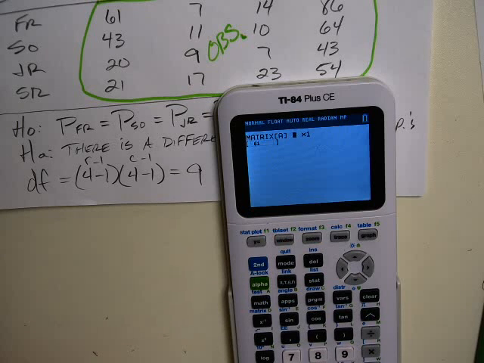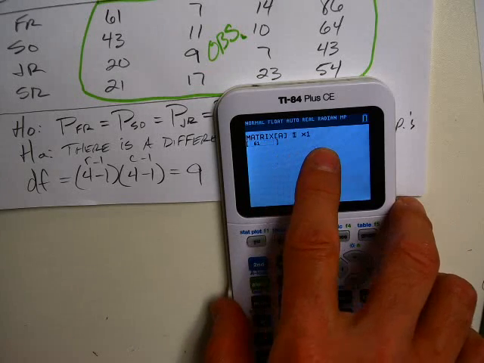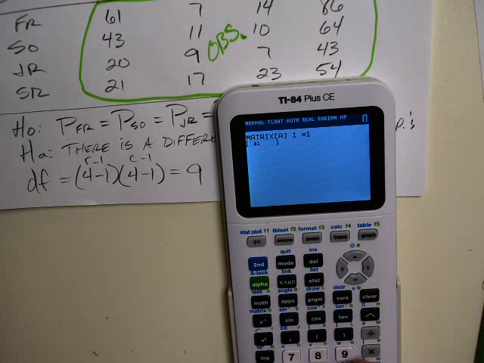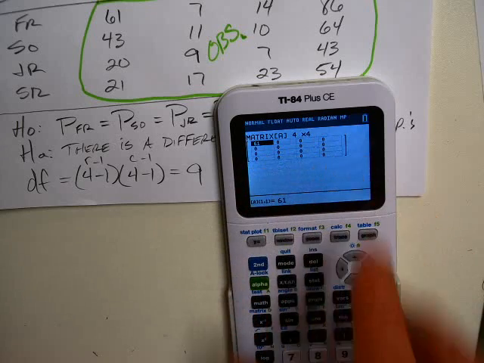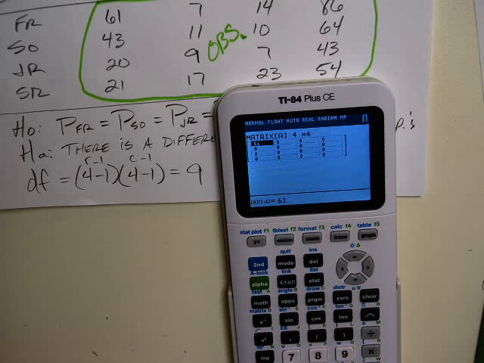So the first thing I want to do is make sure that the dimensions are right. So it's always rows times columns. So in this case it's 4 for each. So I'm going to change it to a 4 by 4, if it's not already. Yours might already be set to 4 by 4. And I need to put these numbers in. Now when the numbers go in, they go in each row first. So as you're hitting enter, it's going across from left to right.